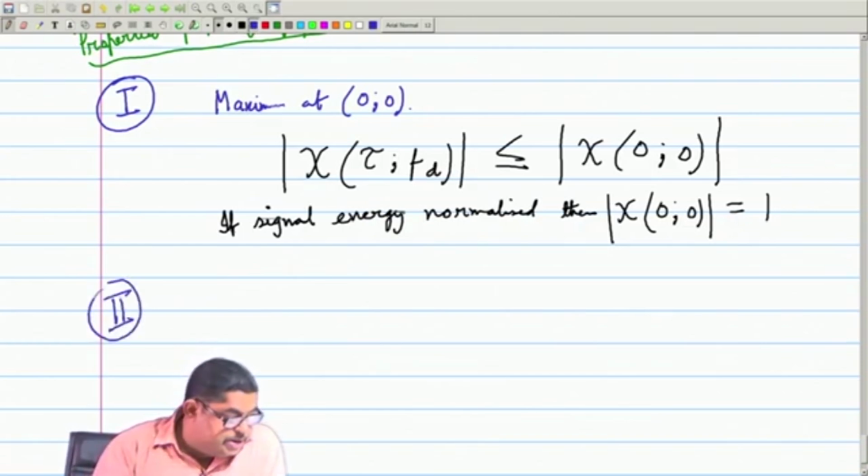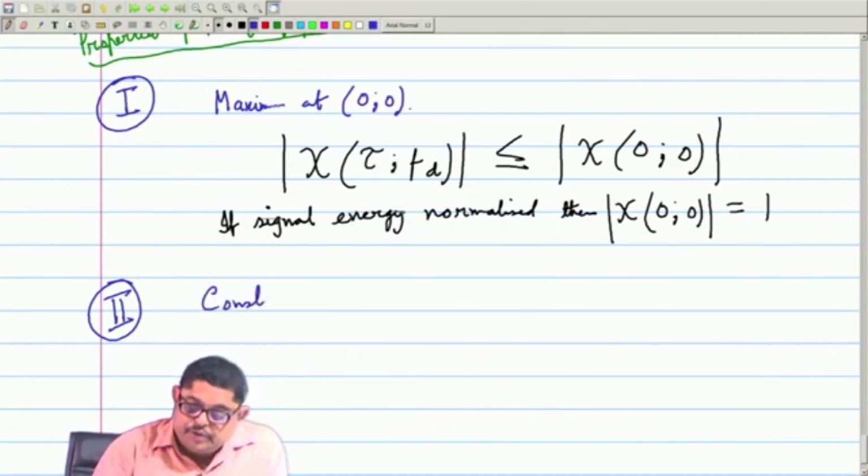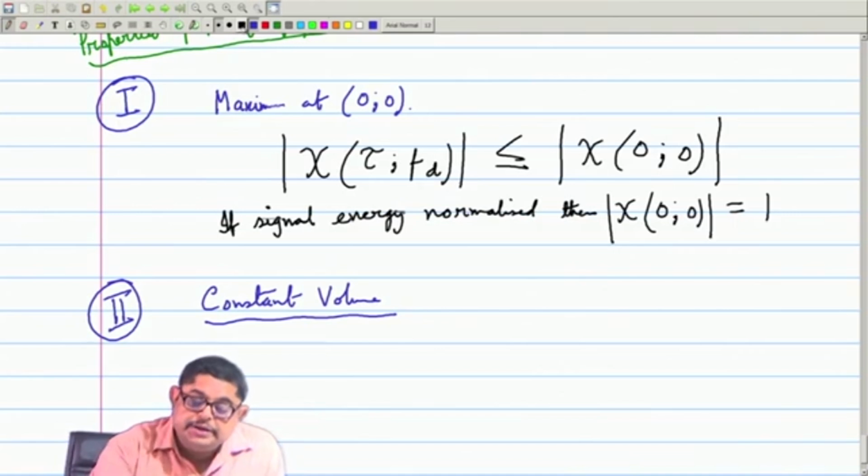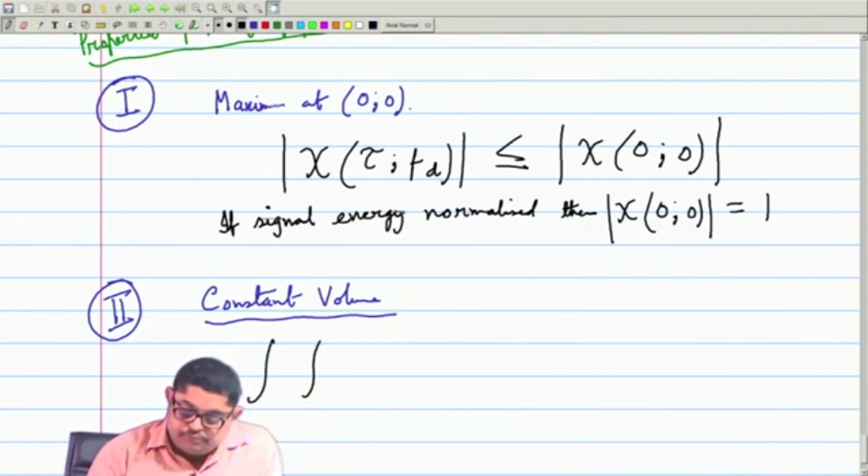The second property says that it is a constant volume property. First let me write the mathematics.